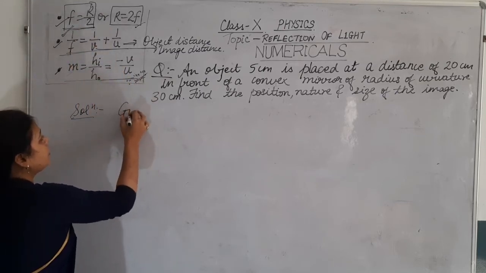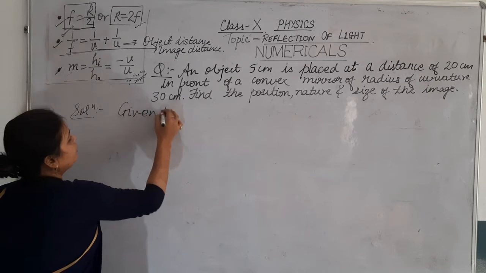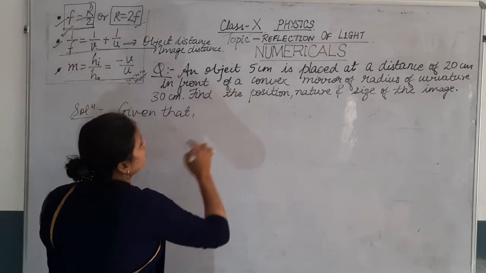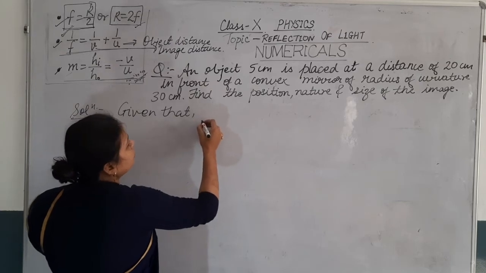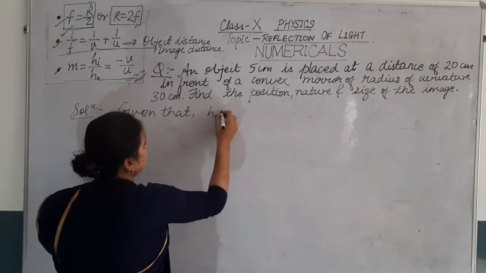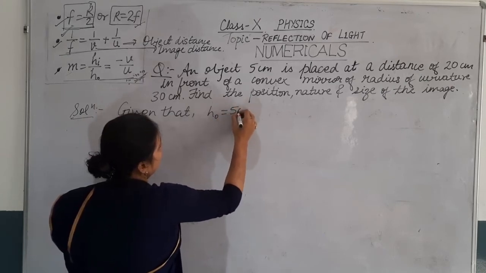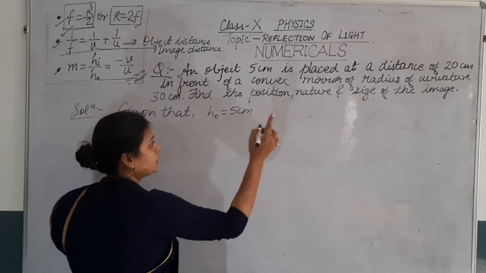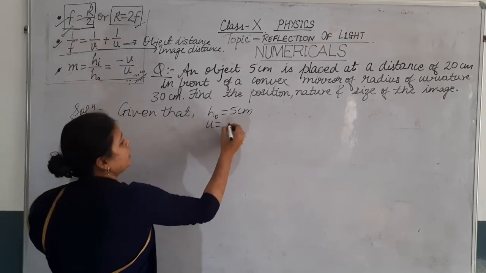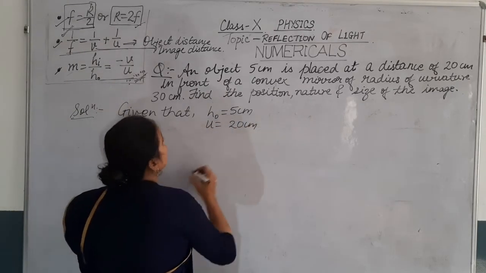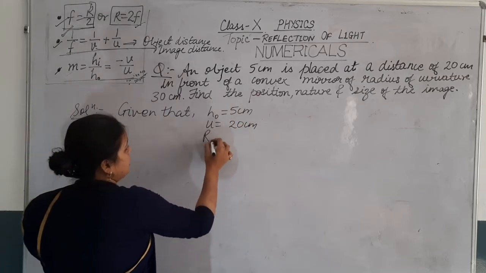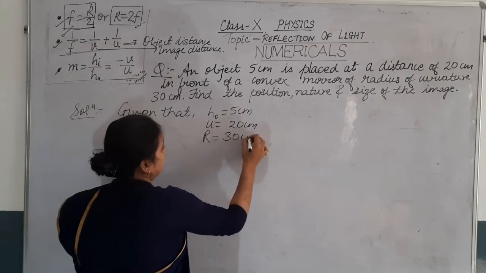But before finding, let us write down what is given. Given that object 5 cm means object size is 5 cm. You can write it down. Ho is equal to 5 cm, placed at a distance of 20 cm. U will be 20 cm. Radius of curvature is 30 cm, means R is equal to 30 cm.